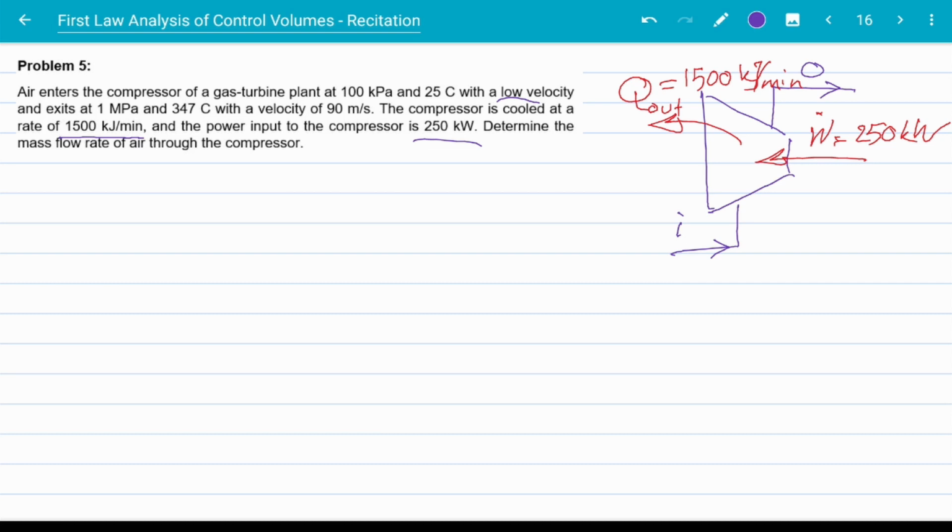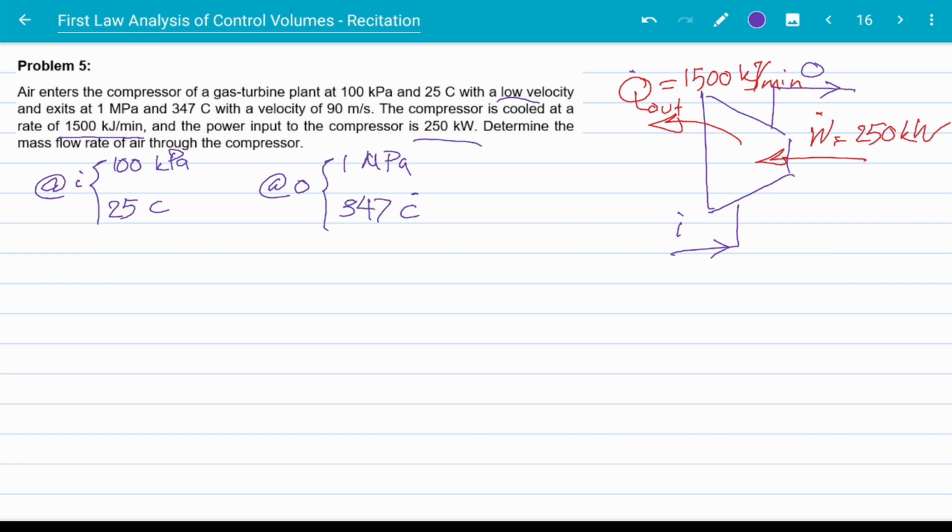Now let's see what we know. At the inlet, I know the pressure and temperature, 100 kilopascals and 25 degrees Celsius. At the outlet, I also know the pressure, 1 megapascal, and the temperature, 347 degrees Celsius.